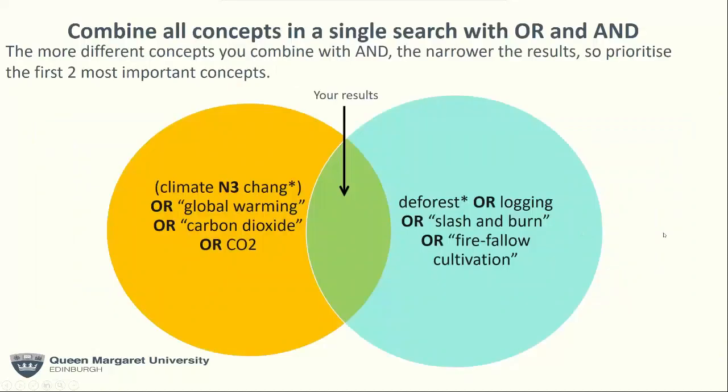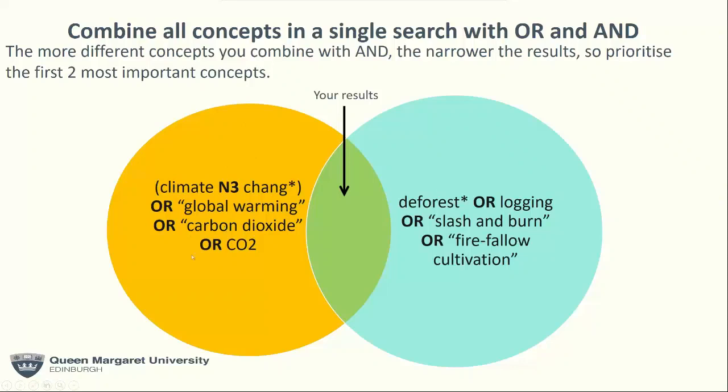Here is a graphic representation of what we're doing. Let's say we have 2 main concepts, climate change and deforestation, and you search separately for each using the Boolean OR between the terms of each concept.